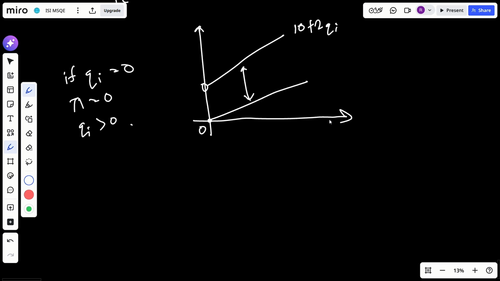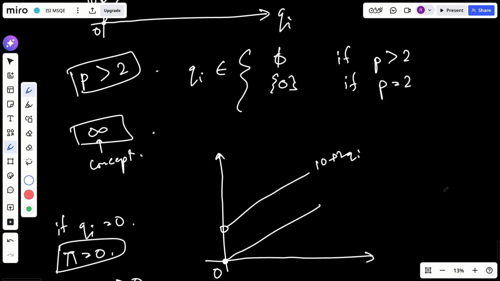Losses are going to increase when I increase QI, so it's better to not produce anything and keep profits at zero. So once again, if P is strictly less than 2, QI will also be 0.